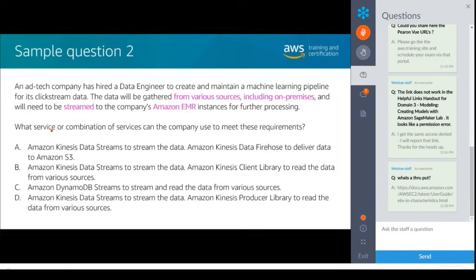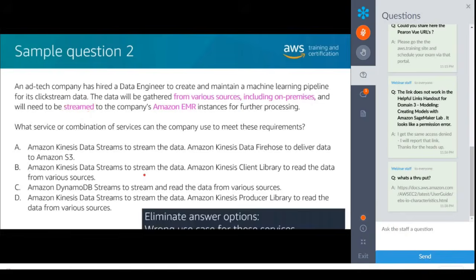Well, we heard the word streaming, right? There it is. And there is a thing called DynamoDB streams, but let's see if we can eliminate things here. So DynamoDB streams does exist, but now we're adding an extra piece to our options. So what can we eliminate?